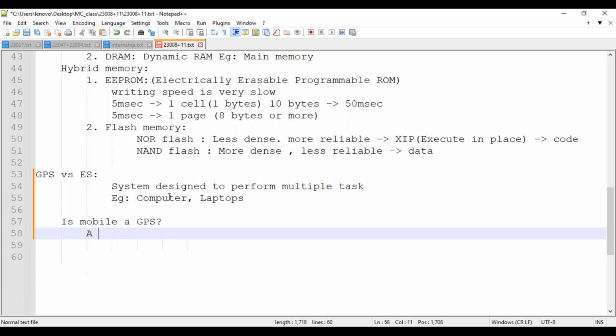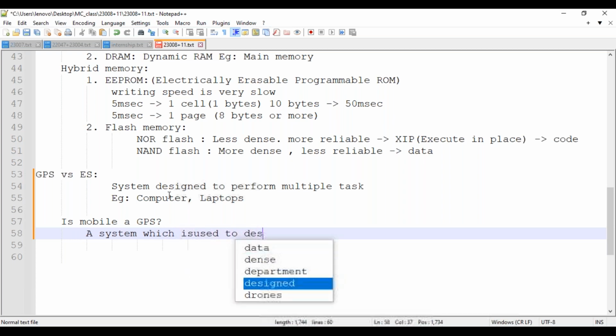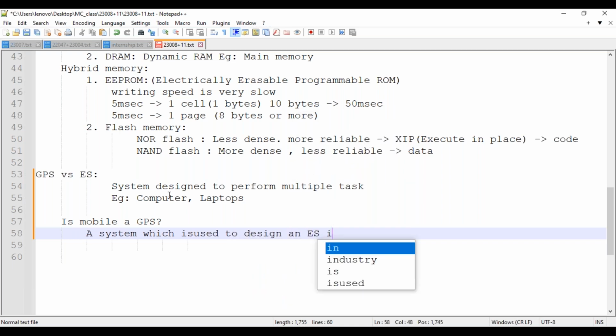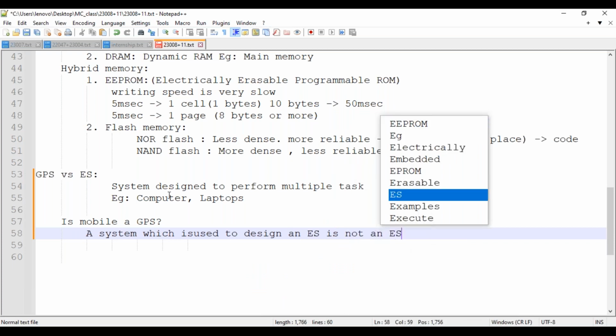Okay, a system which is used to design an embedded system is not an embedded system.